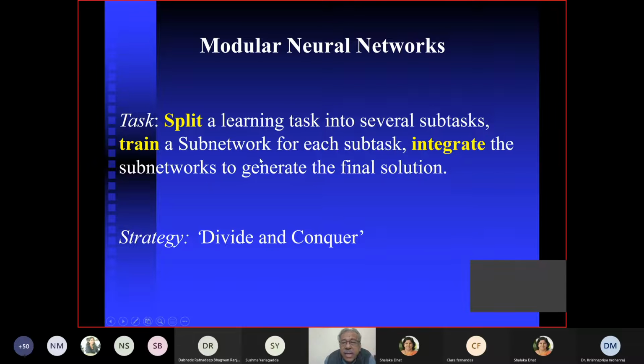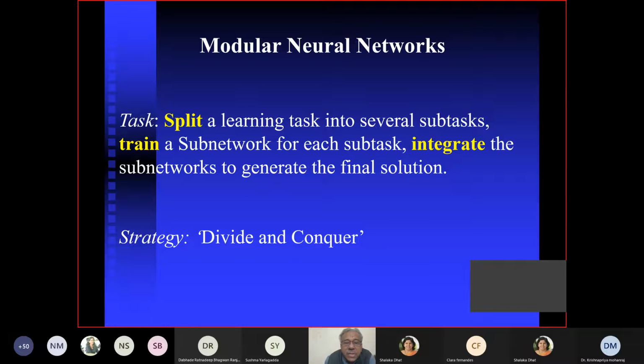Then I train these networks and integrate these small networks corresponding to each subtask, and they generate the final solution which will handle the final task. So basically it's called divide and conquer strategy. That means if you cannot conquer the whole problem, then you conquer it by splitting it into small sub-problems and then integrating them.